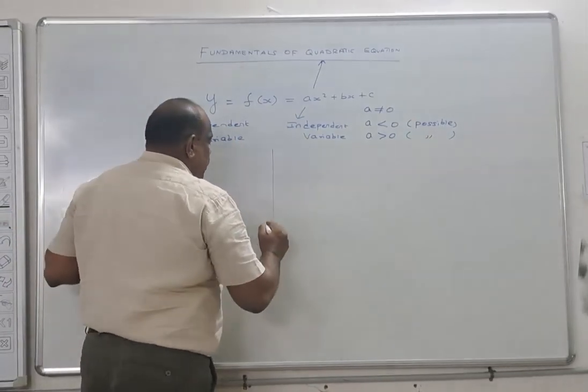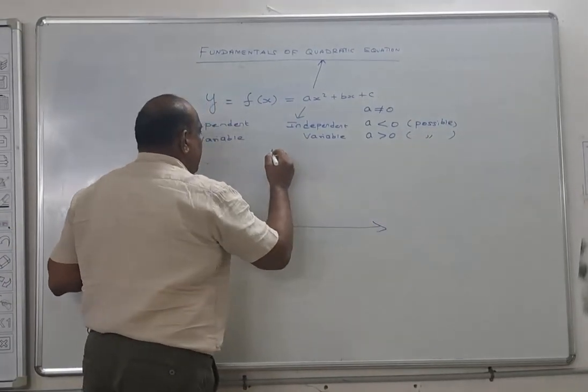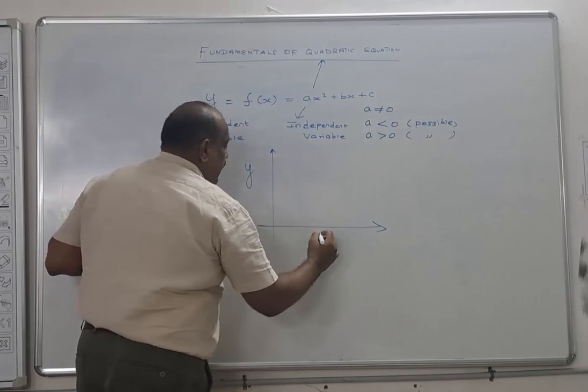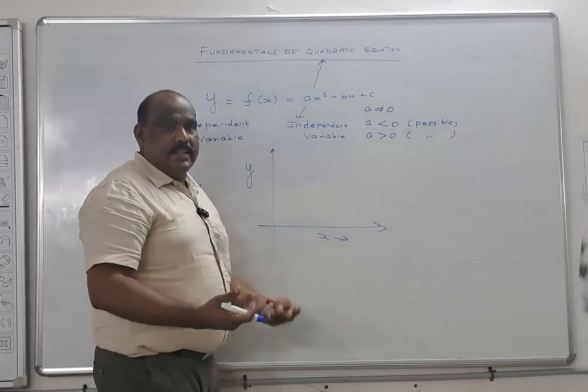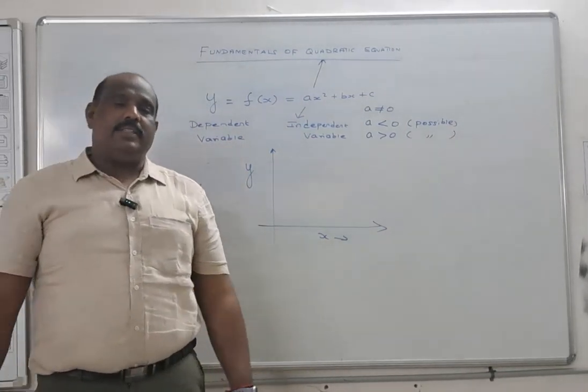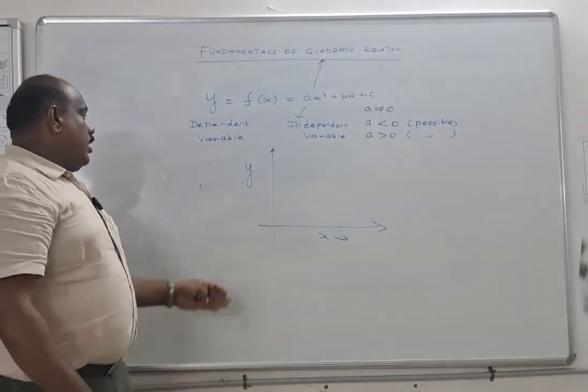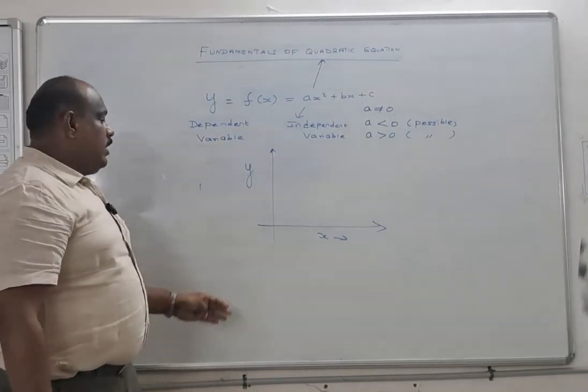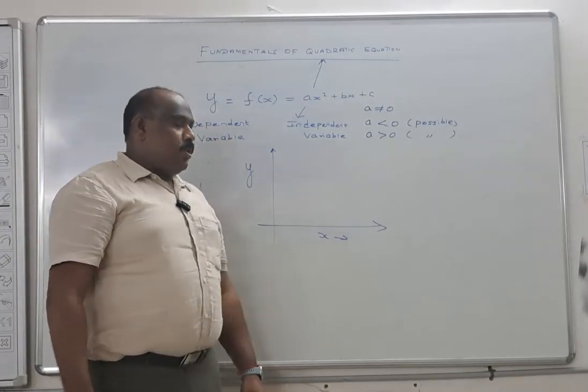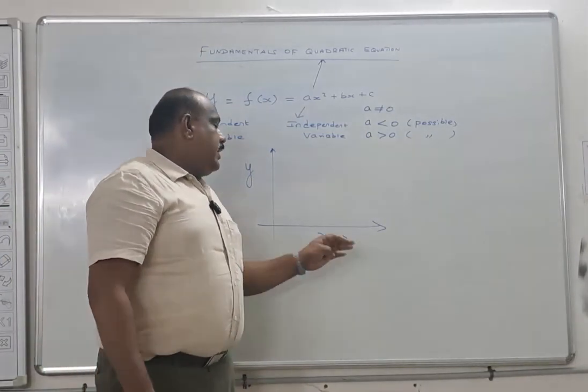The general convention is to draw the dependent variable along the y-axis and the independent variable along the x-axis.